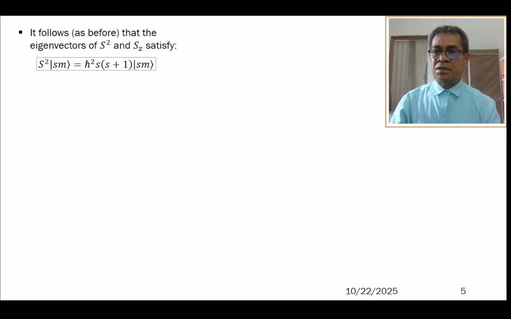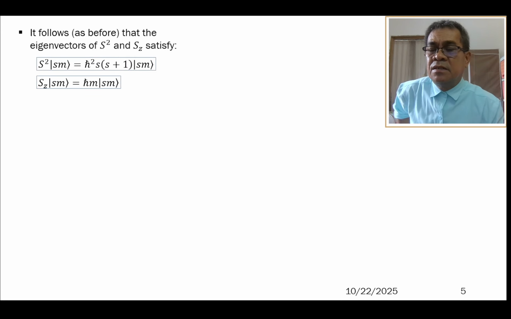So in spin, this is represented by the spin state s, m, which again is a state vector, and it depends upon the spin and the value of m.